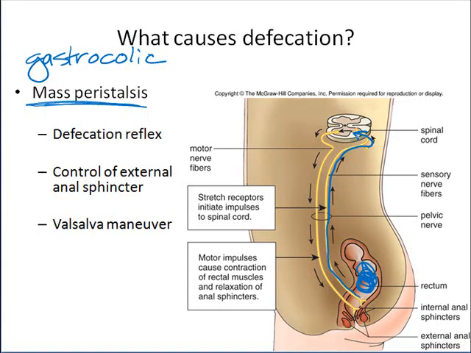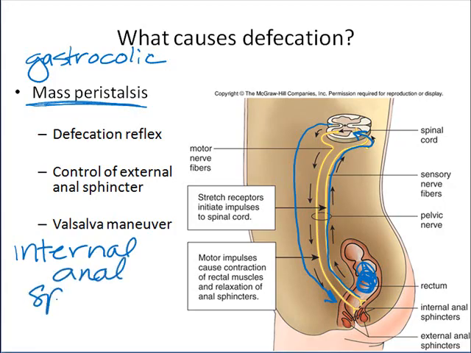The spinal cord then has interneurons that evaluate that information and in response send out an outgoing motor signal, or effector signal, to the rectum, signaling it to contract. At the same time, it's also sending signals to things like the internal anal sphincter, telling it to relax or open.